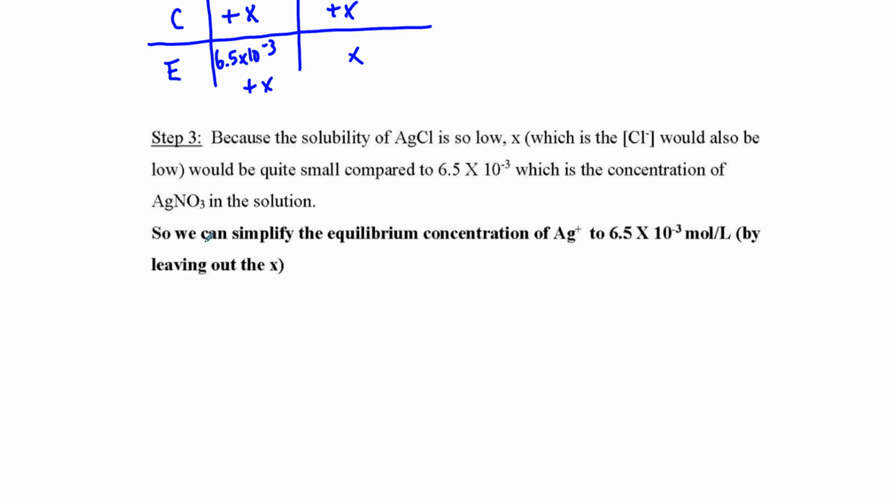So we can just say that it's a negligible amount. It's so small that it's going to round to this value anyway. So we can simplify the equilibrium concentration of the silver ion to just this amount. Adding this little bit of X is going to be so insignificant that we don't even need to factor it in. So we're going to just write out our KSP.